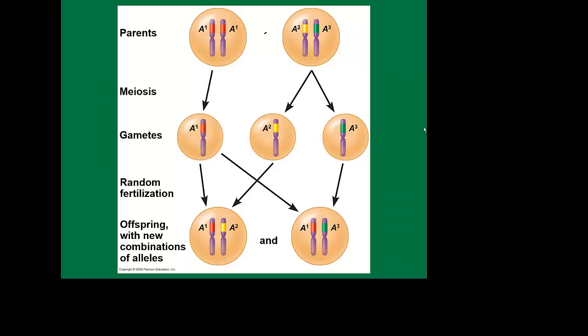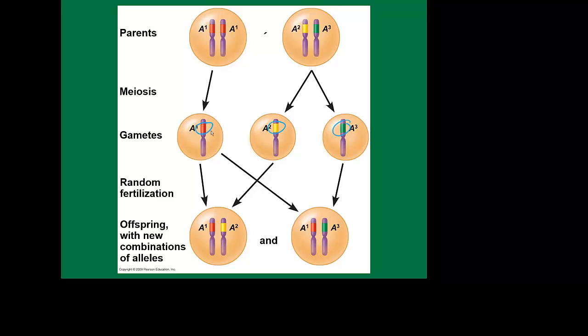These alleles, remember, are just pieces of chromosomes. So here we give you 3 different gametes, 3 different alleles. They're color-coded for you. A just stands for allele, okay? So what we want to think about is if we have 2 parents and they're producing gametes, right?